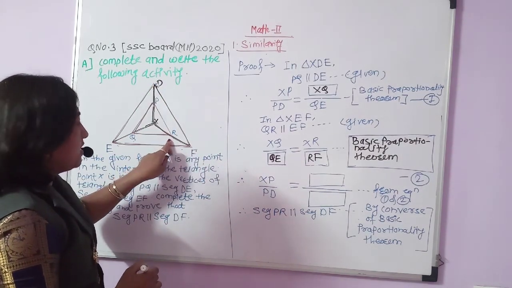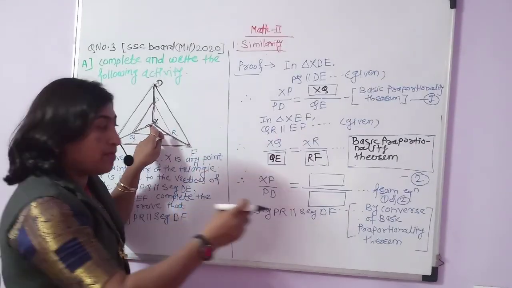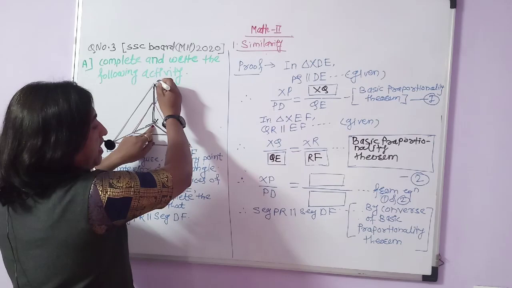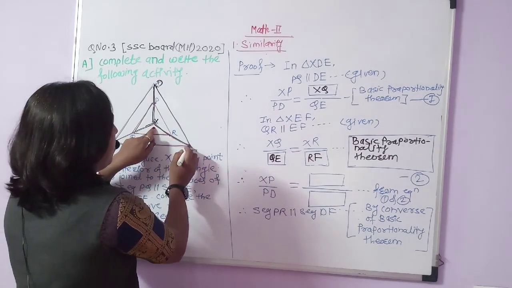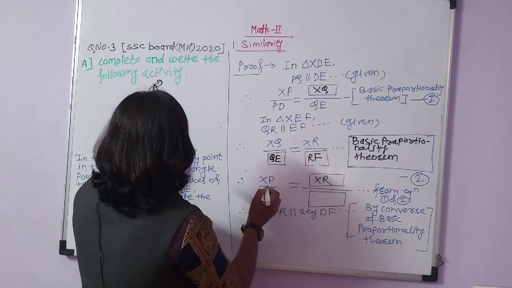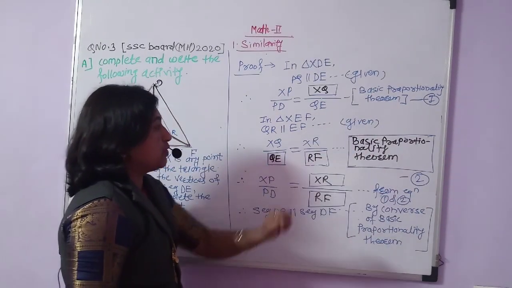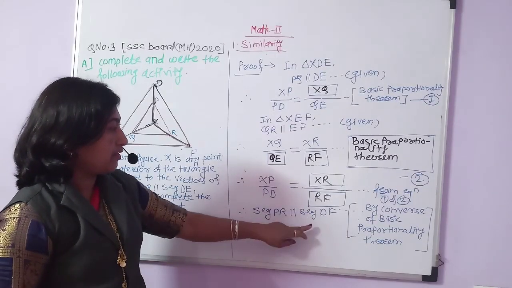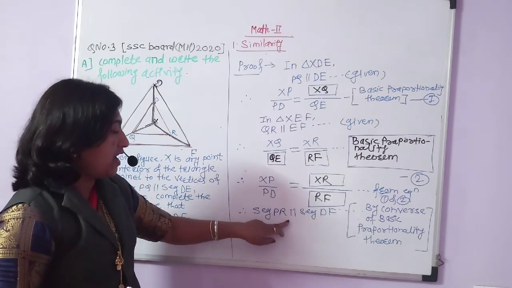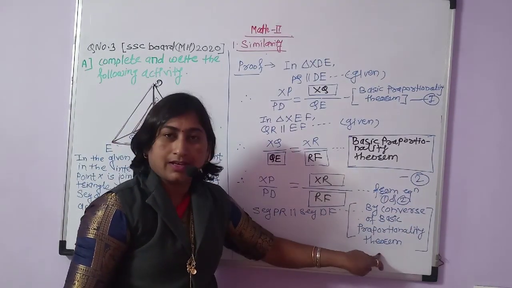In this triangle, from equation 1 and 2, by using the BPT theorem, we get XP upon PD equal to XR upon RF. Therefore, we got the answer XR upon RF from equation 1 and 2. Therefore, seg PR is parallel to seg DF by the converse of the BPT theorem.